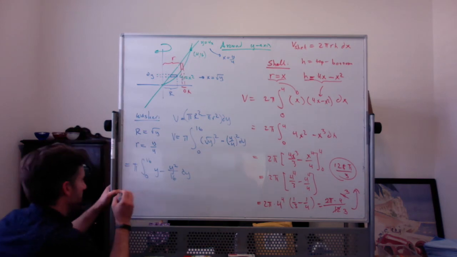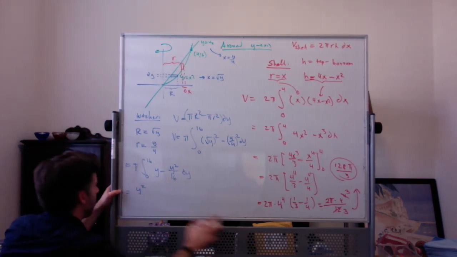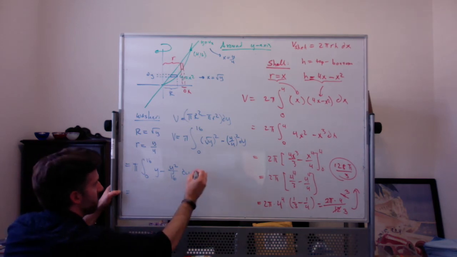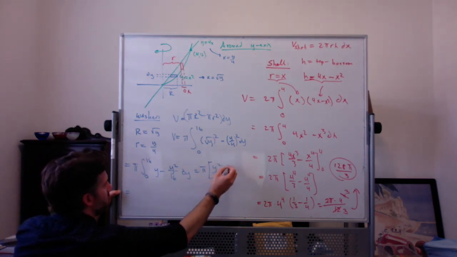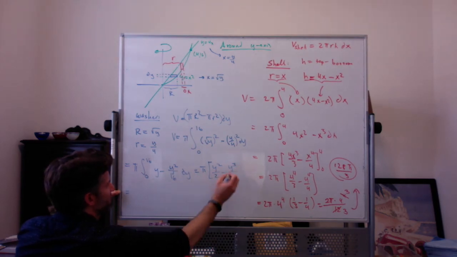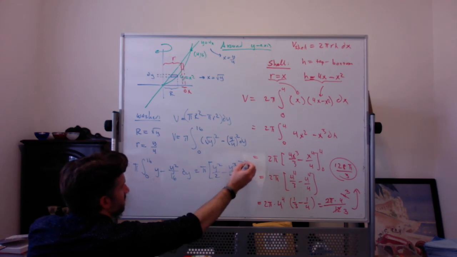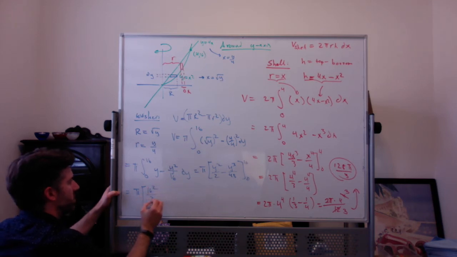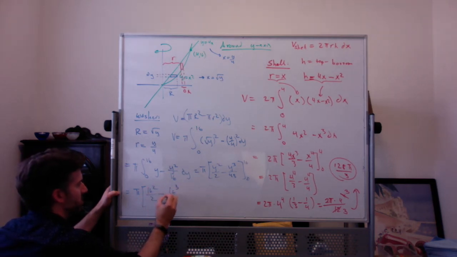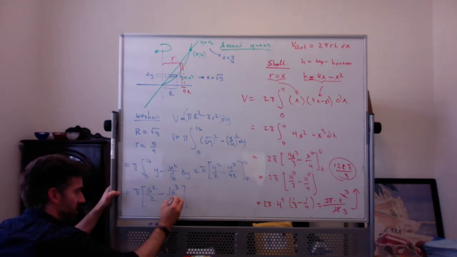Okay, so let's integrate. Don't forget the pi. It's really easy to leave off that pi. So we get pi times y squared over 2 minus y cubed over 3 times 16, which is 48, from 0 to 16. So I've got pi times 16 squared over 2 minus 16 cubed over 48. 48 is 16 times 3, so we can cancel one of the 16s.